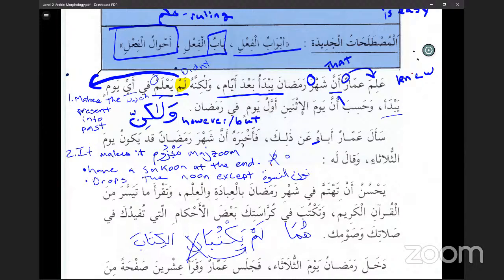He did not know on which day it begins. في أي means which. So في أي يوم, in which day, يبدأ, it begins. He knew it's going to start in a few days, but he didn't know which one.